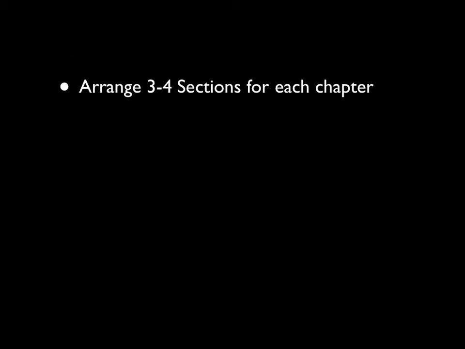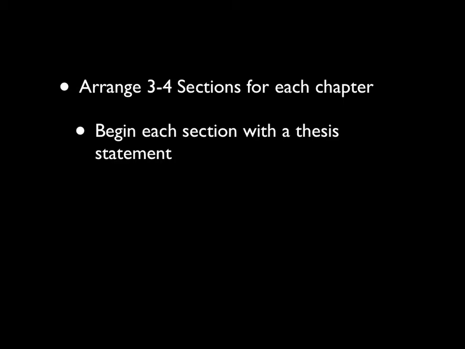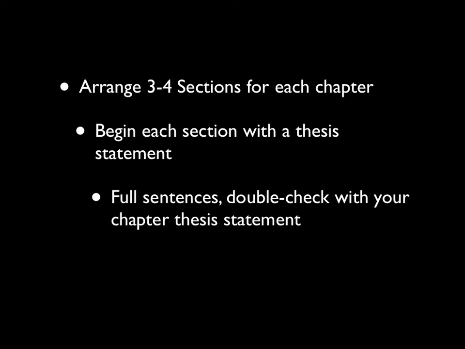So, in each chapter, I mentioned that every bulleted point becomes a section. And I would suggest no more than 3 or 4 sections for each chapter. If you do more than that, you might actually have to break your chapter down into 2. So each section begins with a thesis statement, which again, these are full sentences, and you double check with your chapter thesis statement.